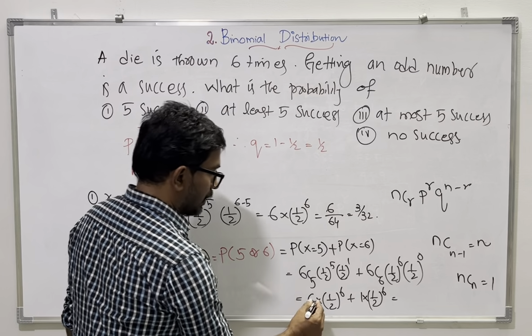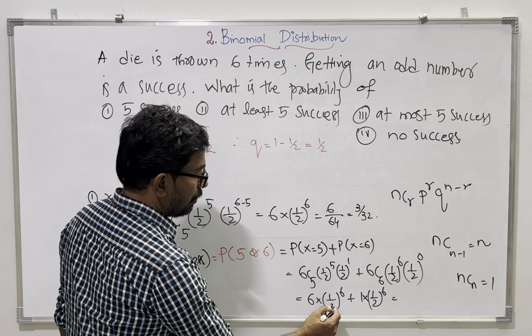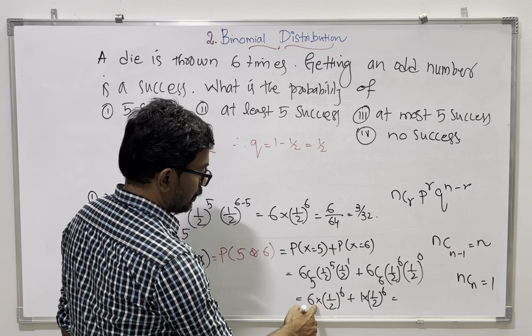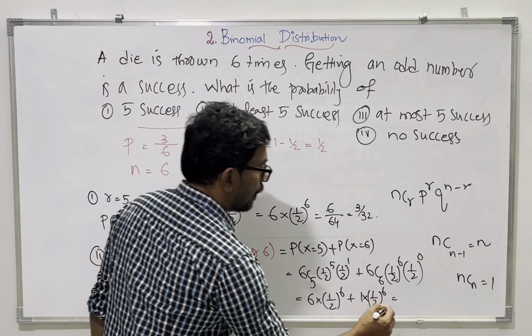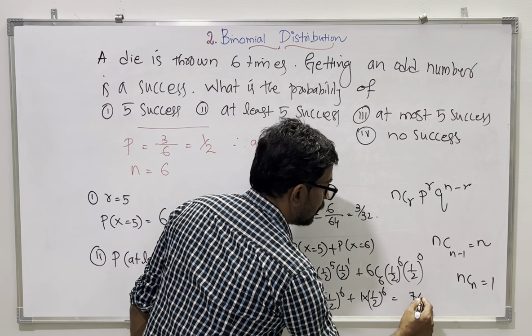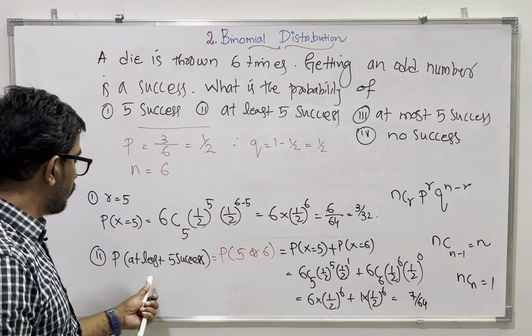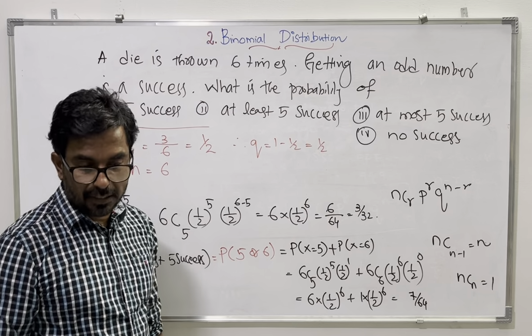When you add, this is 6 by 64 plus 1 by 64, which will become 7 by 64. So this is the calculation for probability of at least 5 successes.